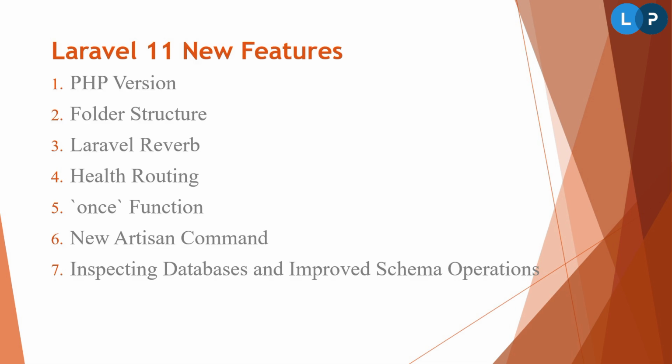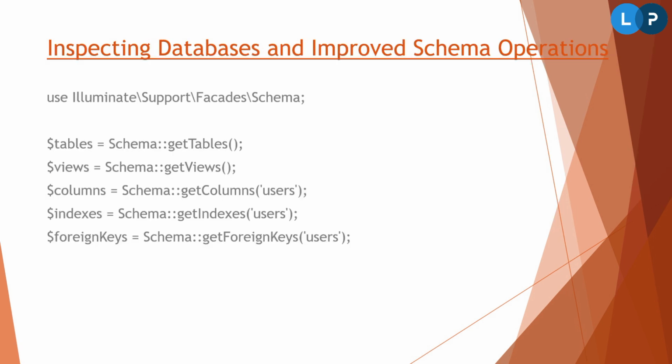Next is inspecting the database and improved schema operations. Actually, these are additional database schema operation and inspection methods, including native modification, renaming, and dropping of columns.